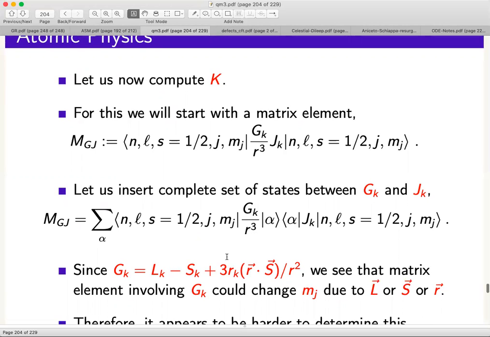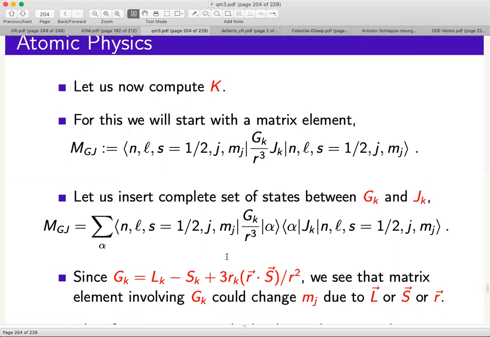And what we did was we used the Wigner-Eckart theorem in multiple ways to simplify the expression. The basic point of the Wigner-Eckart theorem is that if you are using a spherical tensor of a specific kind, then the matrix element of that spherical tensor is the same as the matrix element of any other spherical tensor if it has the same rank.